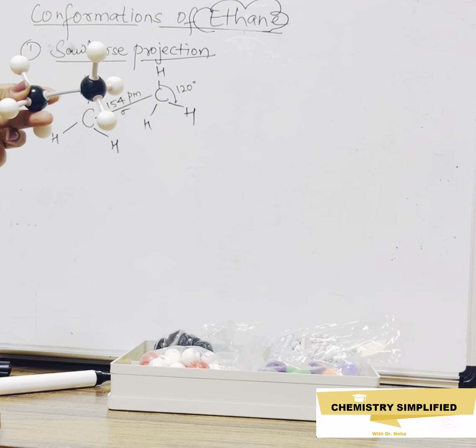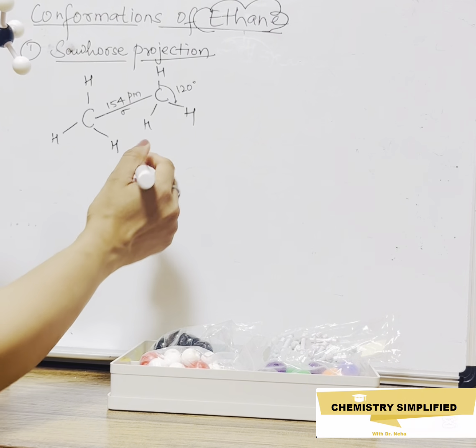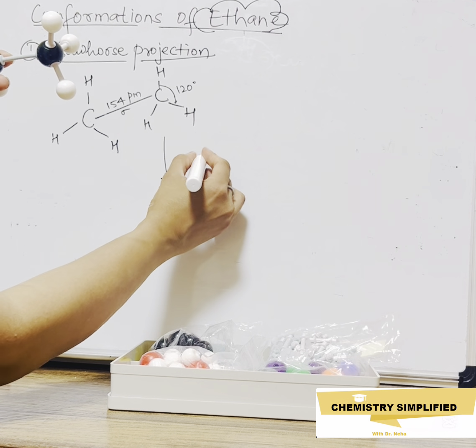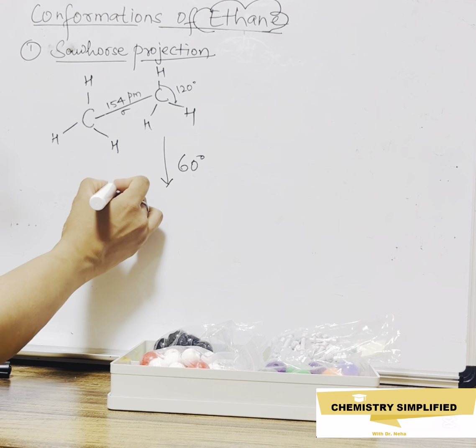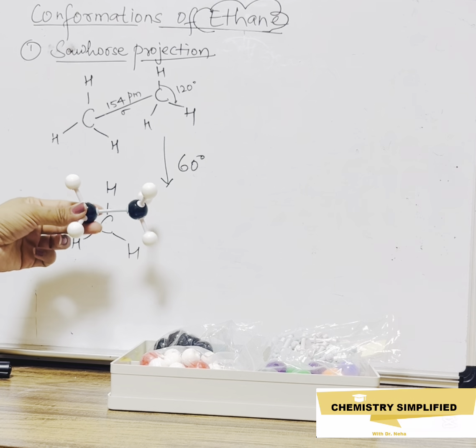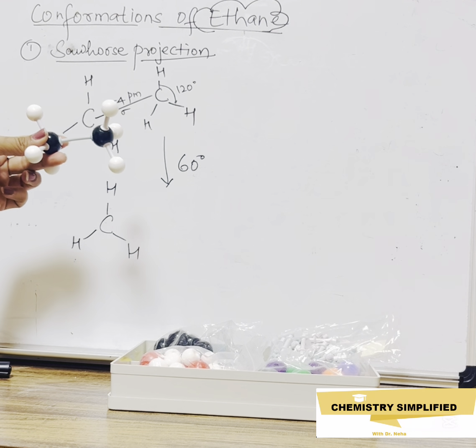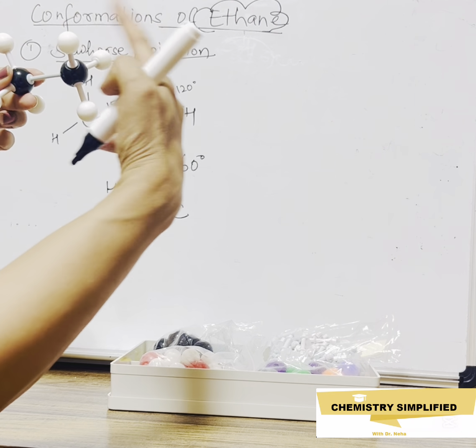Now, what happens here when I rotate it by 60 degrees? I kept this carbon atom at a fixed position. So I'm drawing the same carbon atom at the same position, because you can see 1 hydrogen up, 2 hydrogen down, and the carbon-carbon single bond. Now you can see 2 hydrogen came up.